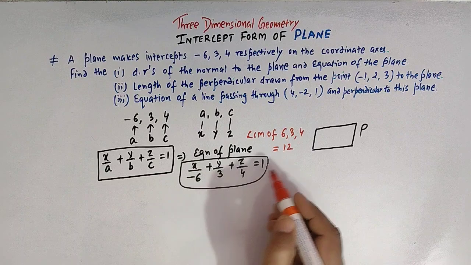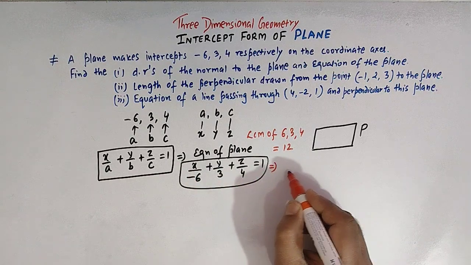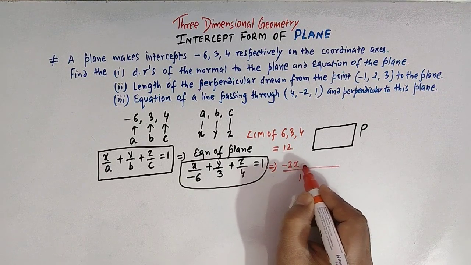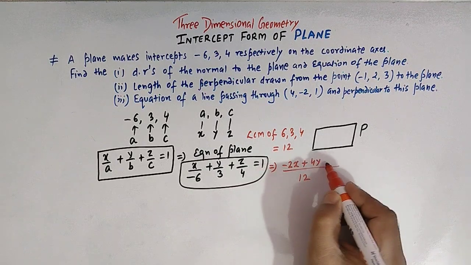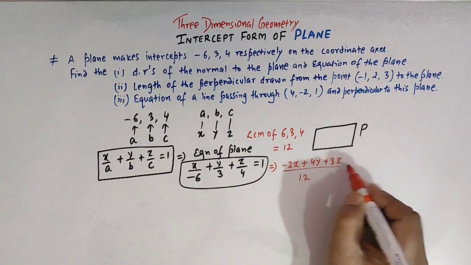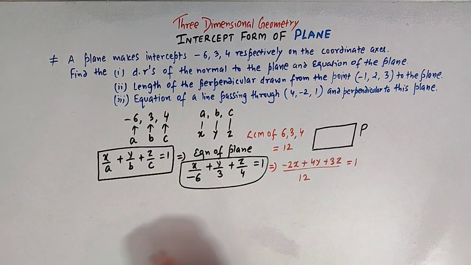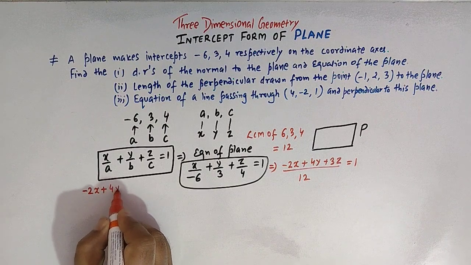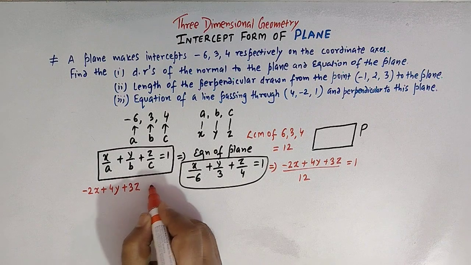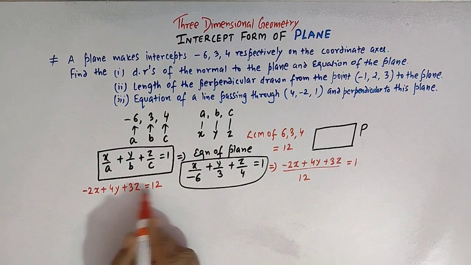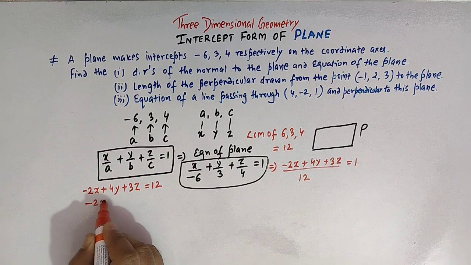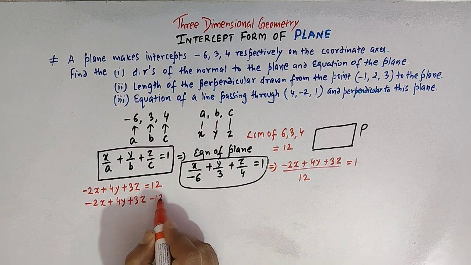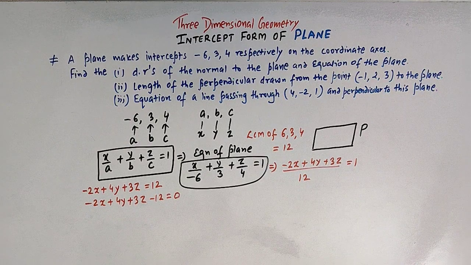So now we can rewrite this equation as -2x plus 4y plus 3z is equal to 12, and this equation can be written as -2x plus 4y plus 3z minus 12 is equal to 0.